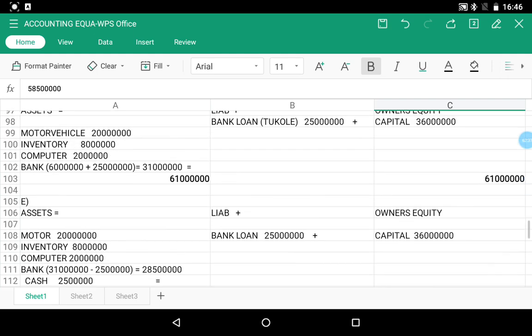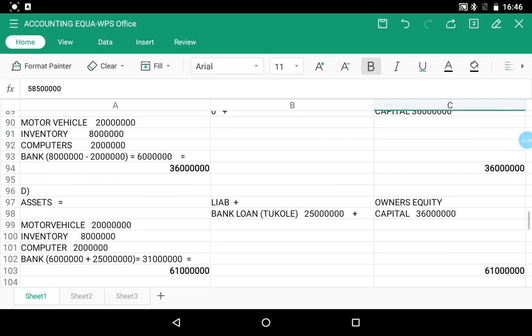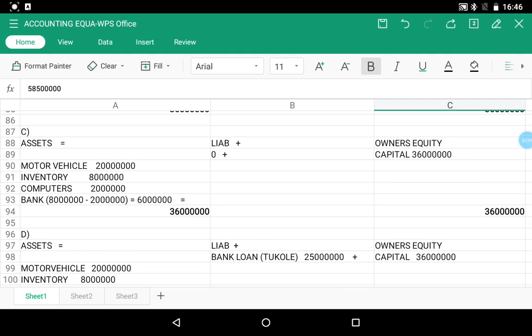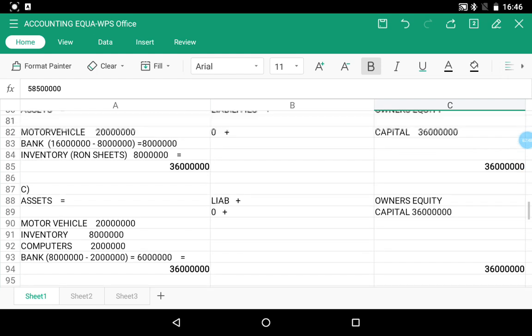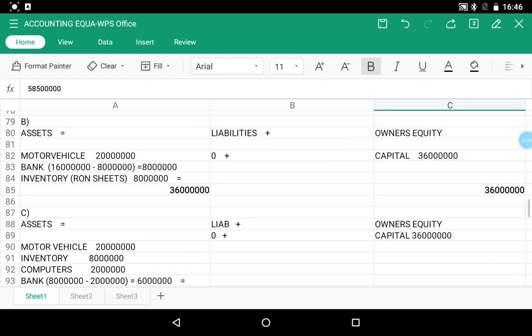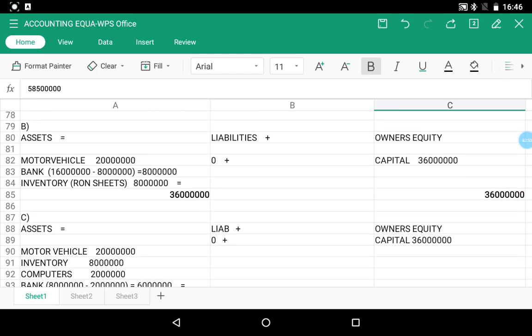Yes, the accounting equation has a lot of questions. As you have seen, it is almost like operating a business, and a business does endless transactions.